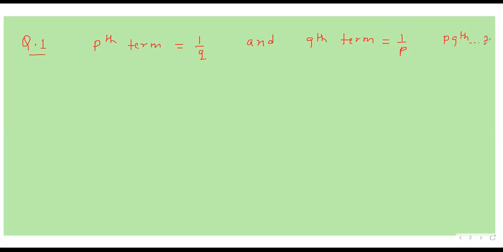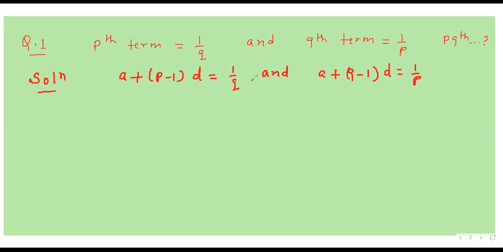The pqth term equals question mark. Now, let's consider the solution. So we write the pth term means a plus p minus 1 into d equals 1 upon q, and a plus q minus 1 into d equals 1 upon p.